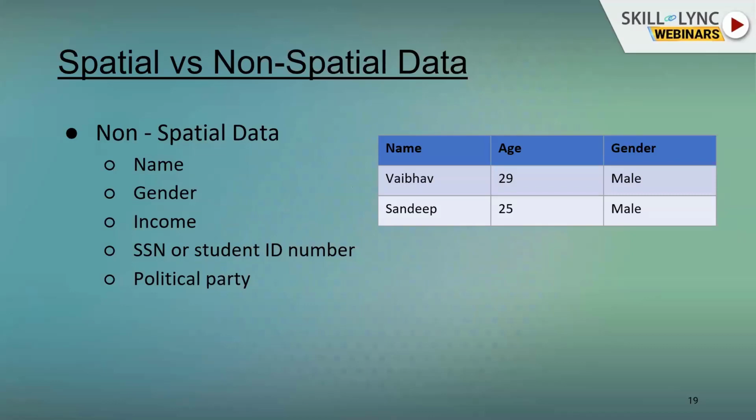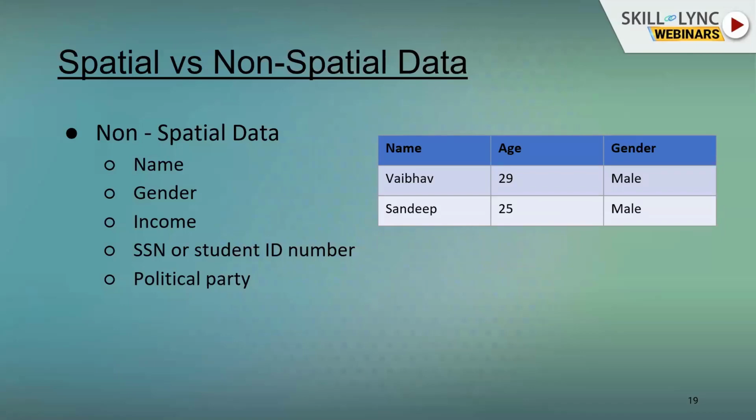I think you guys have worked on Microsoft Excel, or maybe some other information software. So how do you store your data? You store your data in rows and columns with the help of an ID or a serial number, right? Like you can see, this is my name, this is my age, and this is my gender. Then it can be my mobile number, my address, other information like where I'm working.